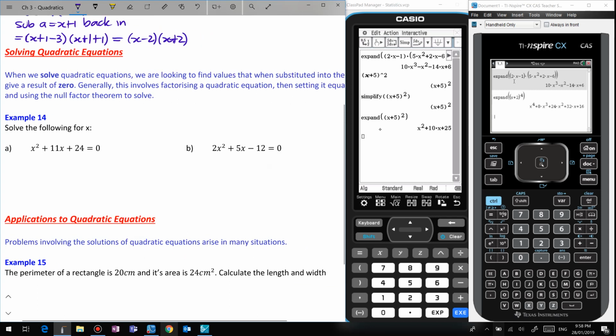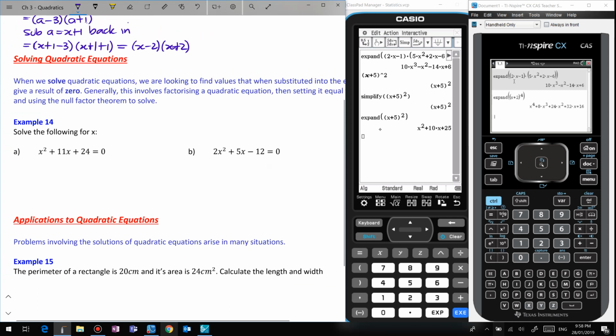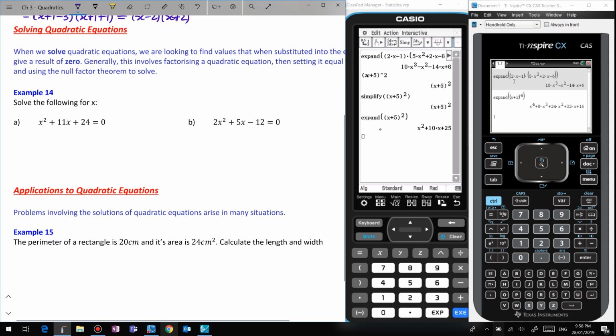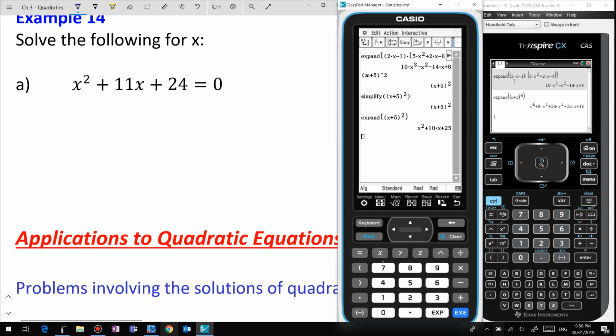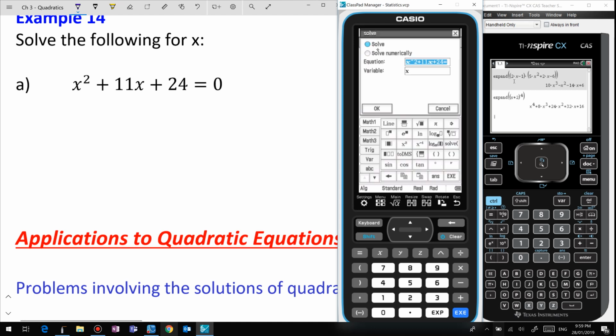Okay, when we solve quadratic equations, we're trying to look for x values that when we substitute them into the function will equal 0. So to solve it, on this calculator, you just go x squared plus 11x plus 24 equals 0. Highlight, interactive, advanced, solve.